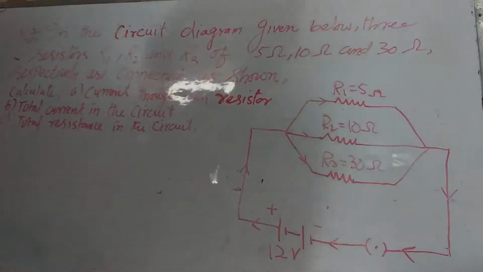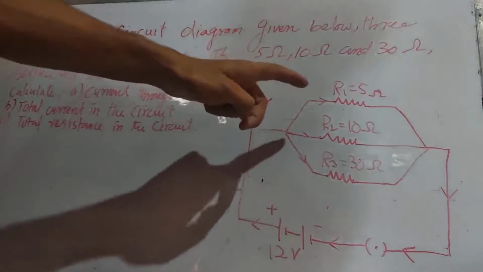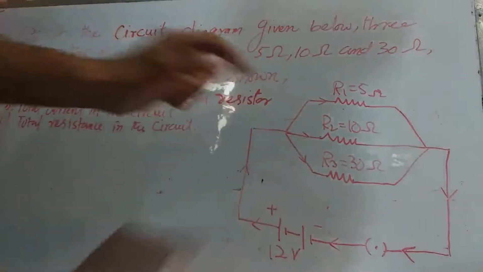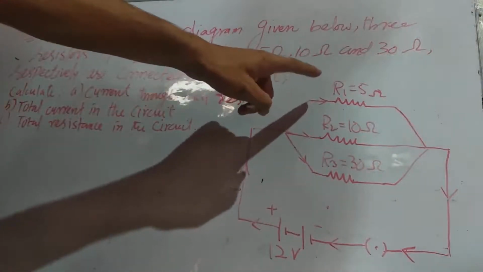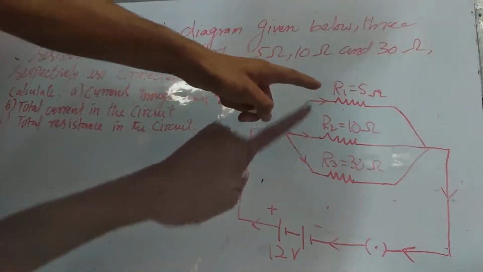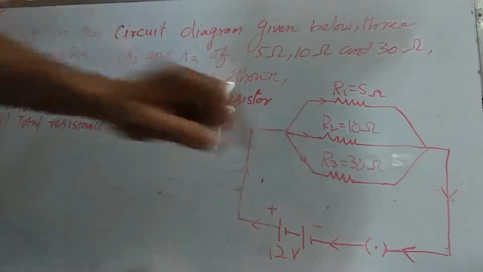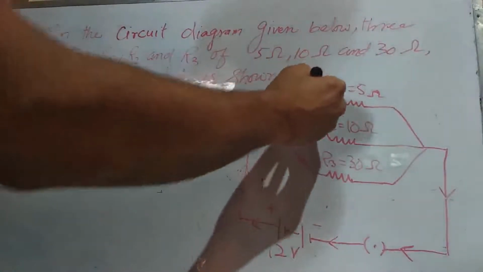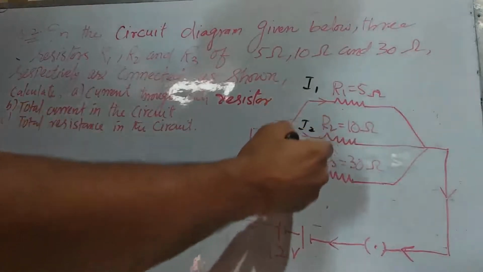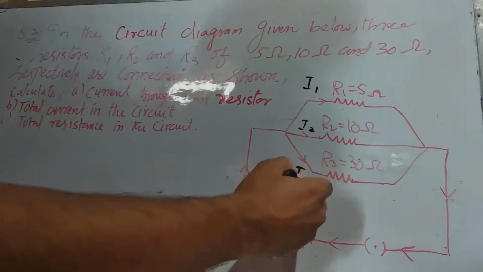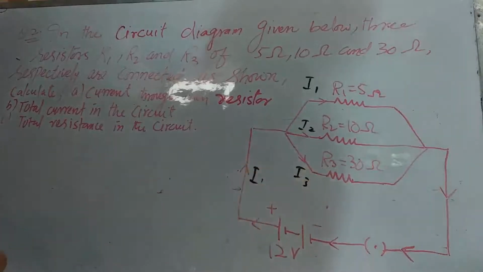So we know that the resistances R1, R2 and R3 are connected in parallel. Here it is current I1, here it is I2, here it is I3, and here it is I. So we can calculate the current here.